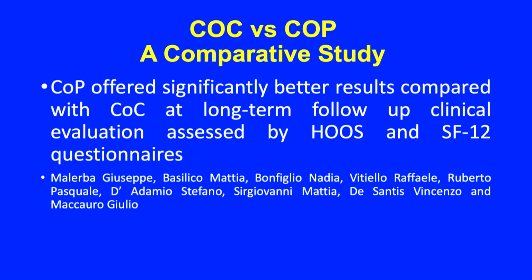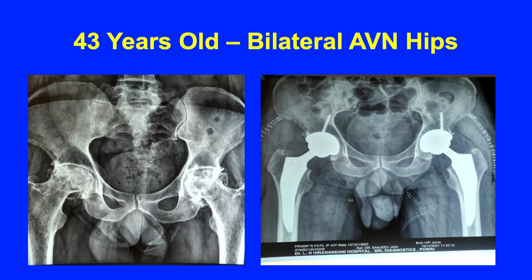There are studies in the literature which say that ceramic on poly or ceramic on ceramic has no long-term data right now, and they are equal. One of the studies shows ceramic on poly is much better, but they are only focusing on a few scores, not the long-term data or radiological scores.